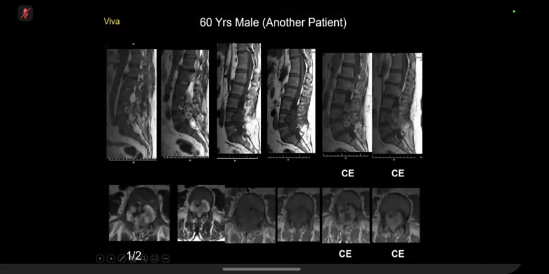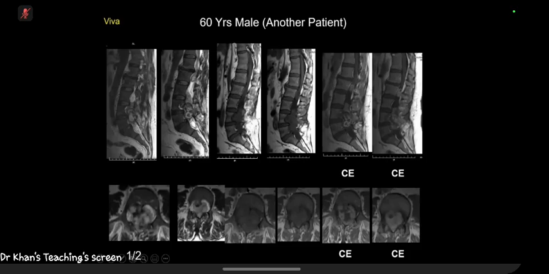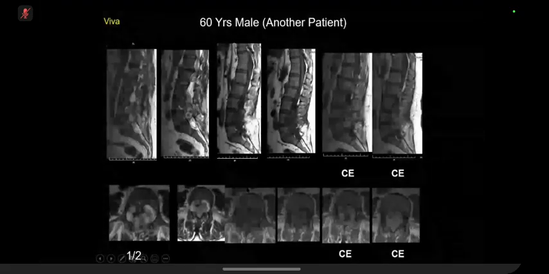Having a look at the axials, it's causing significant canal stenosis. And at the level of L4, L5, I expect it to be involving the cauda equina nerves. Given this location, my top differential will be a myxopapillary ependymoma.